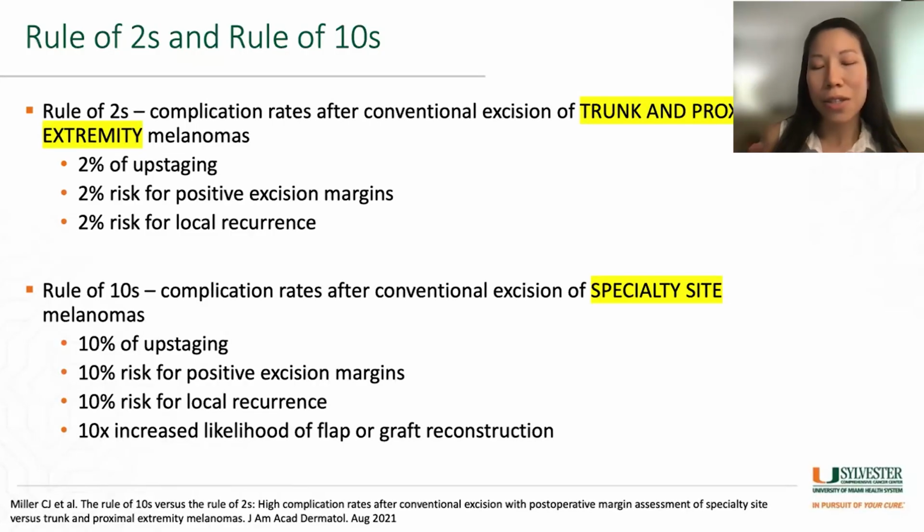And here's another 10, although not a percentage: there's a 10% increased likelihood of having to do a more complicated reconstruction, such as a flap or graft. So this is what I use to explain to patients why Mohs is a preferred modality on these specialty sites.